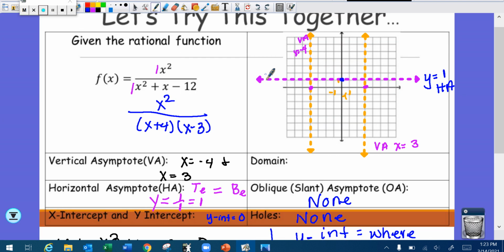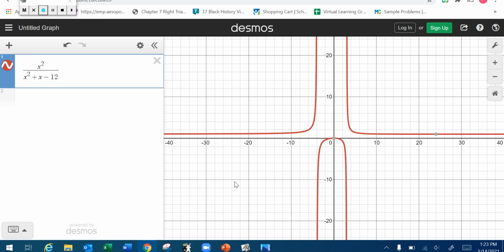On this side of the graph, you're going to get really close to that asymptote, but don't touch it. And the same thing happens to this side. Get really close to that asymptote, but don't touch it. Don't cross over it at the bottom, and don't cross over it on the sides. That's what an asymptote does. It gets really close, but does not touch those points.